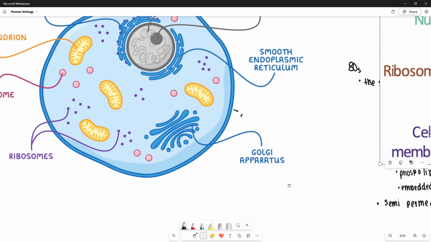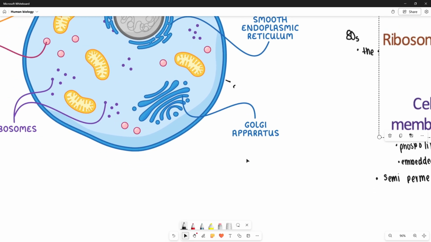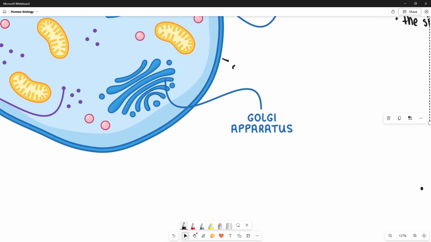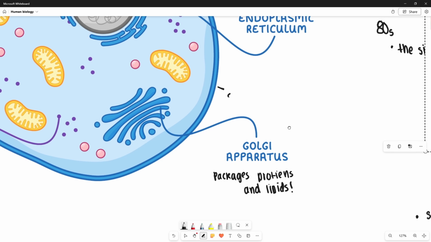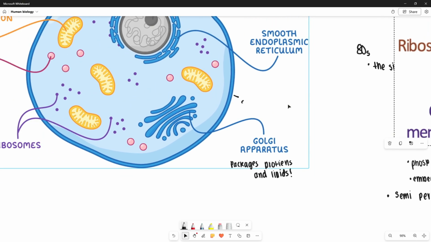So you can say it packages up proteins and lipids. That's the basic thing of what it does. Do your research. I'm just summarizing it for you.